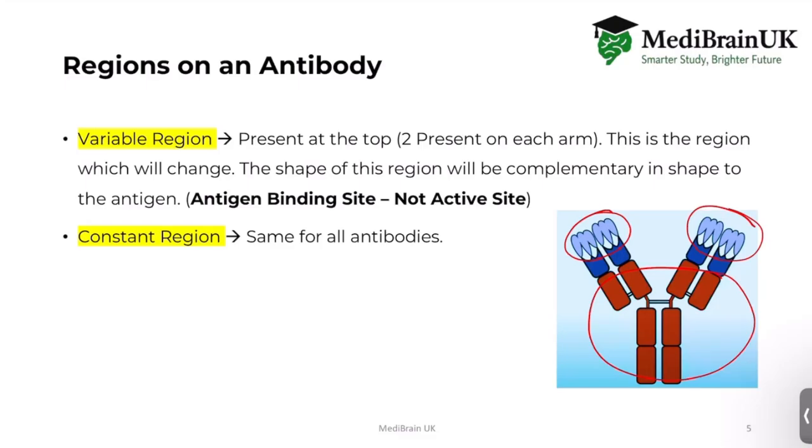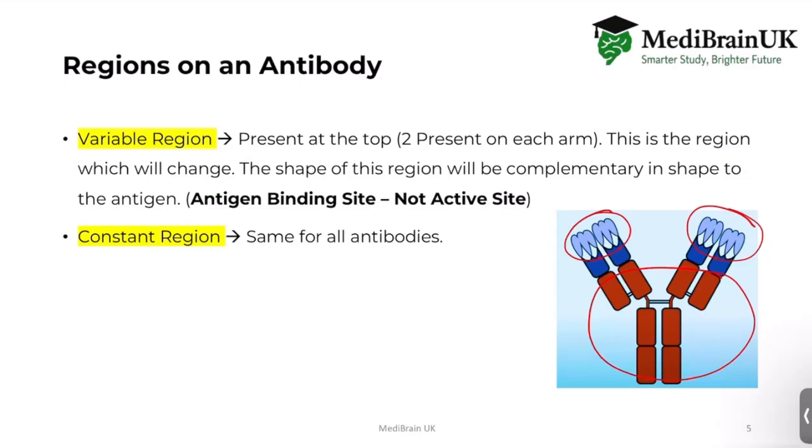Now, when the antigens vary, when the virus mutates, the antigen shape is going to change. And if it changes shape, it is no longer complementary to the antigen binding site of the antibody. And if it's no longer complementary in shape, therefore the antigen-antibody complex cannot be formed. When we're thinking about biology, always we're talking about complexes being formed.